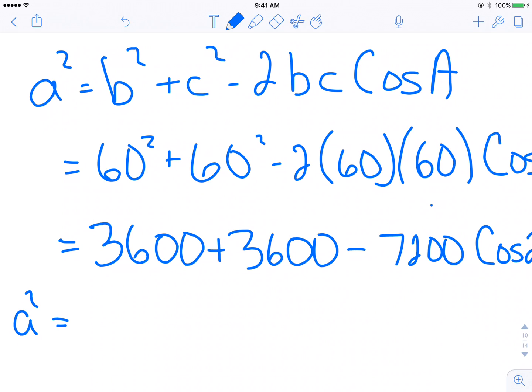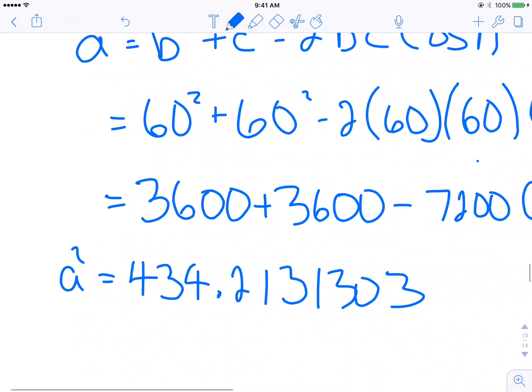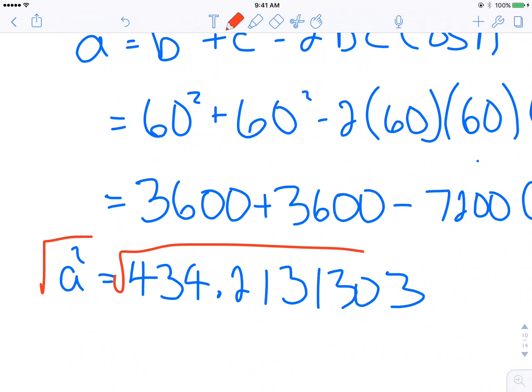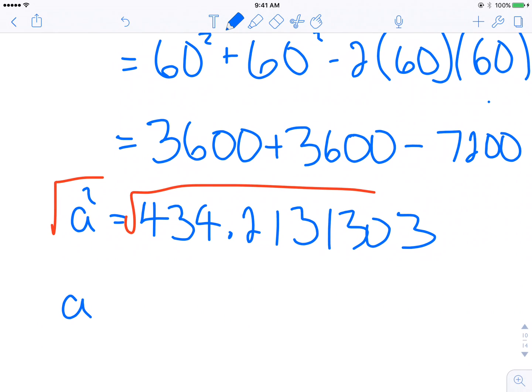a squared works out to 434.2131303. That's our side length squared. In order to find the side length itself, we have to take the square root. Square root of a squared gives me a.